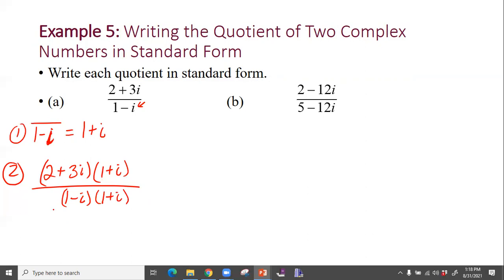So we end up with 2 plus 5i. I think I got 5. I won't shortcut it. I'll do it all the way through.